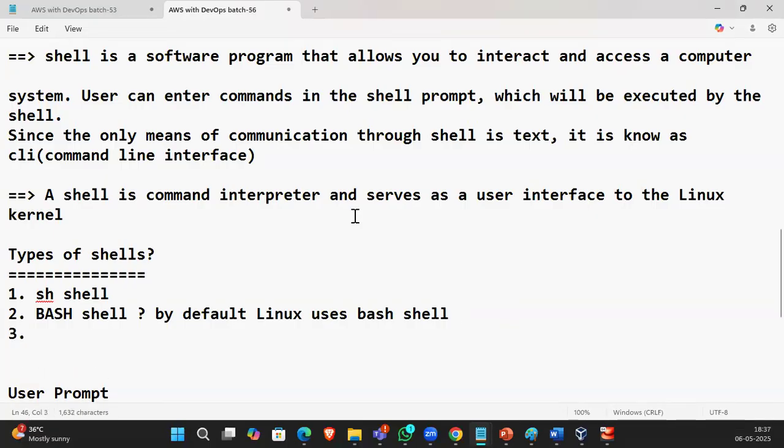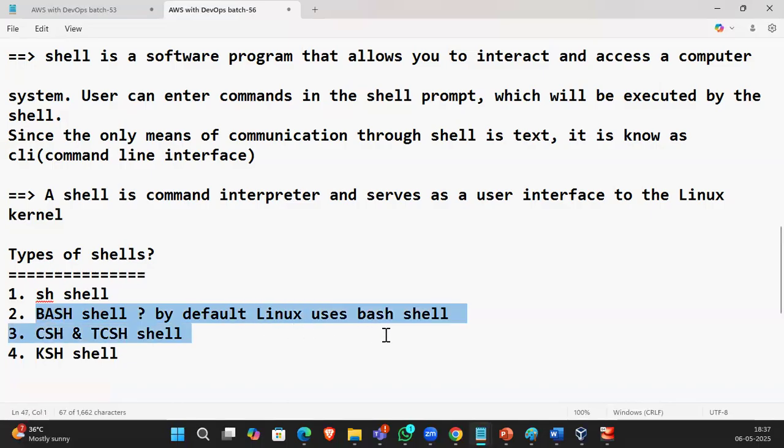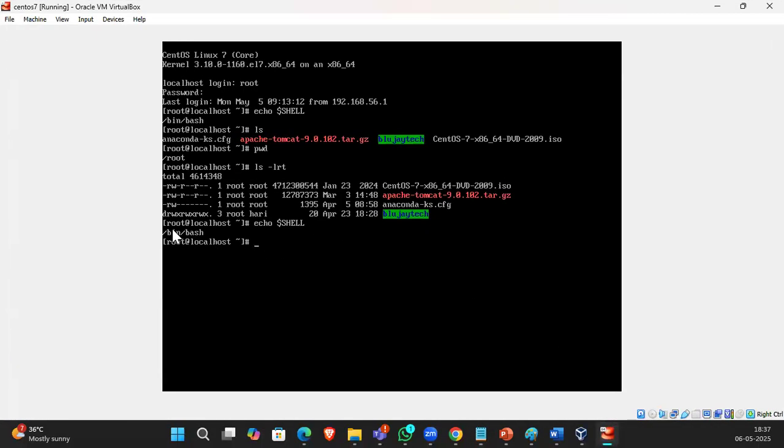What is the third one, guys? The third one is CSH and TCSH shells. The fourth one is the KSH shell. These are other types of shells. But which shell does Linux use, guys? Bash shell. Understood? So Linux uses the bash shell. Understood, guys? Yes, Hari. Yes.